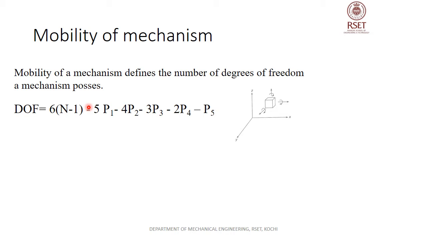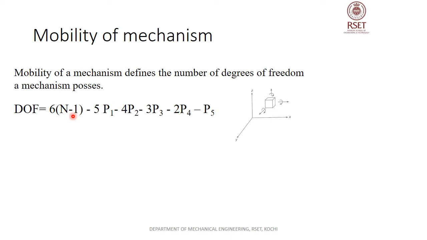So if there are 4 links in a mechanism, then one link will be a rigid frame, so in total 4 minus 1, that is 3 links, will be movable. That is what the n minus 1 term represents. If there are n links in a mechanism, then n minus 1 will be the number of movable links.